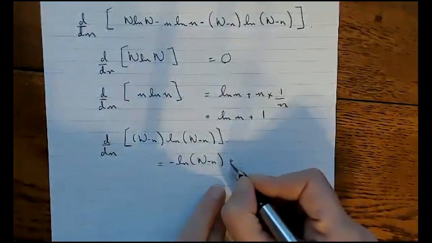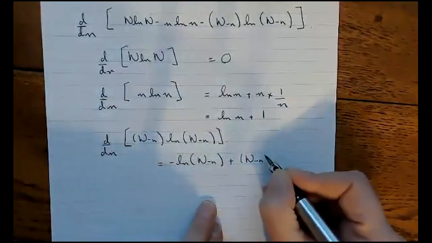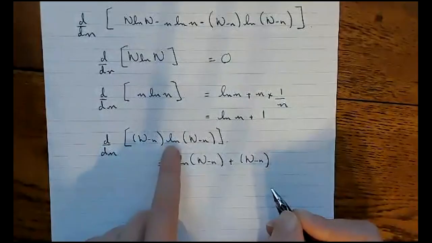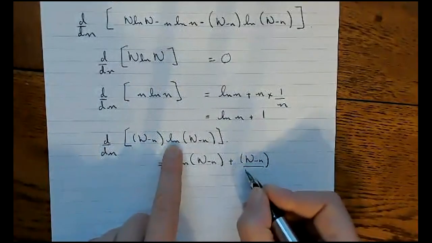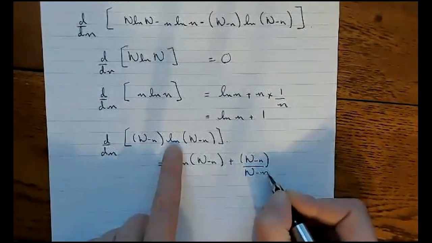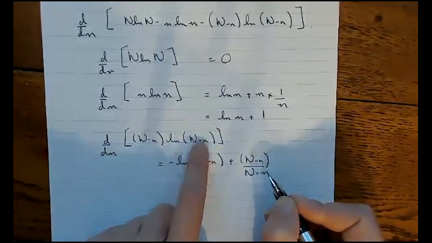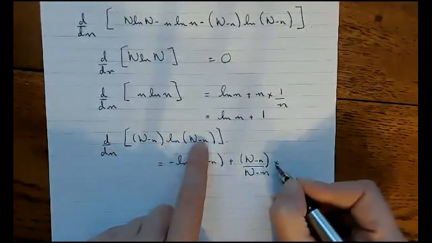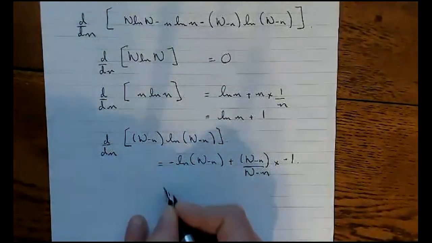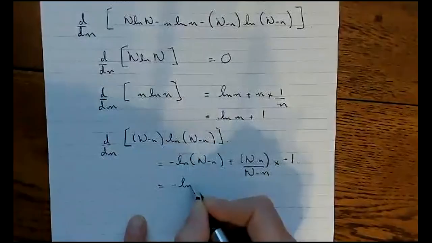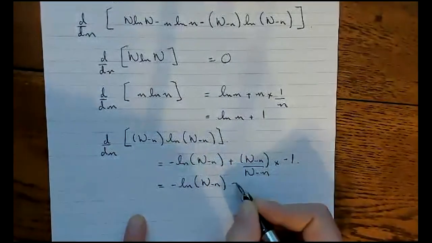So we've got plus, now we've got an (N minus little n), and differentiate this, so we get a 1 over (N minus little n). But when we differentiate the thing inside the bracket, we get a minus 1. So that's times minus 1. So this gives us minus ln (N minus little n) minus 1.